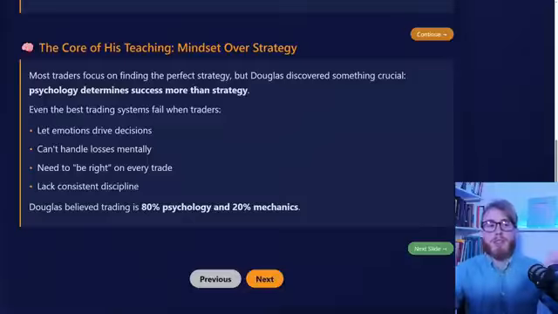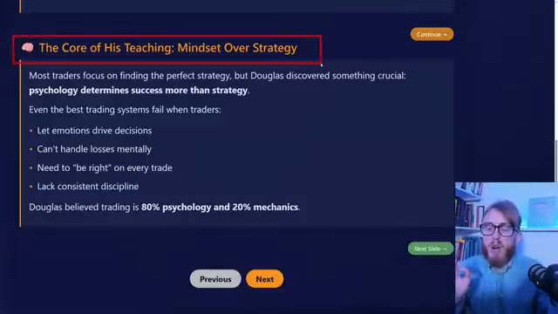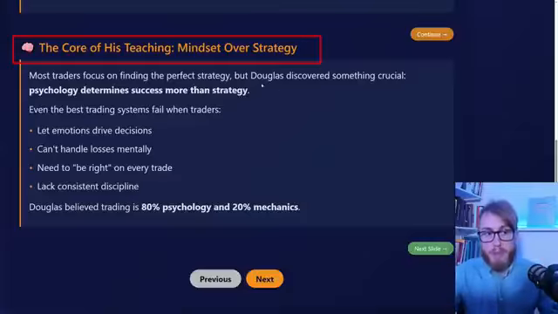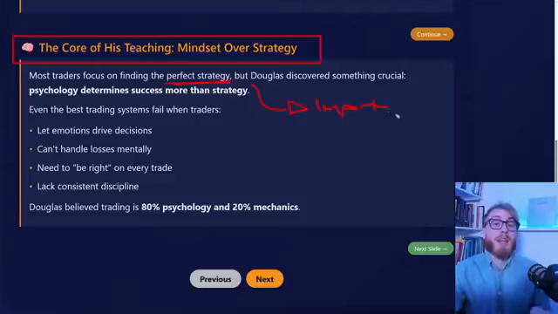But right, so now what is the core, the heart of his teachings and the heart of the book Trading in the Zone? Well, most traders focus on finding the perfect strategy, and don't get me wrong, this is very important, because in order to win in trading, you need to first of all have a good strategy.